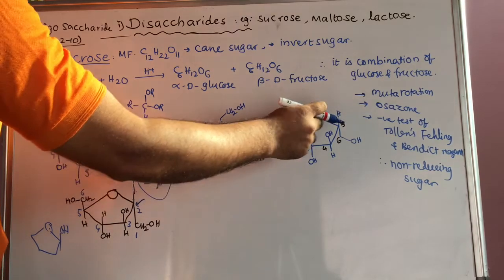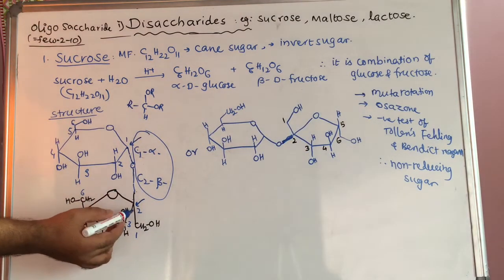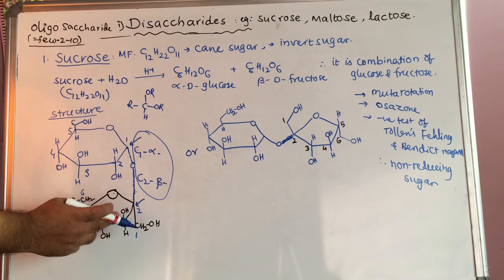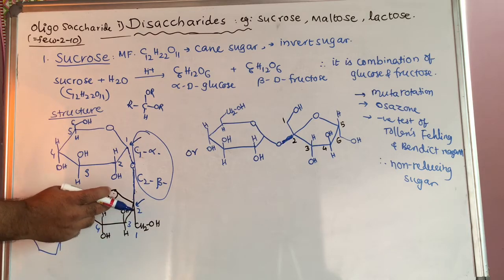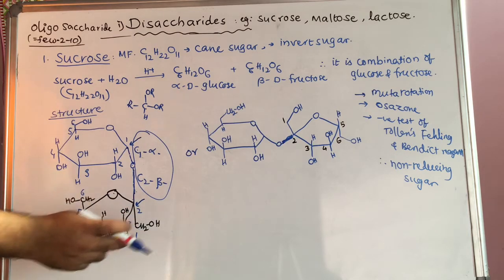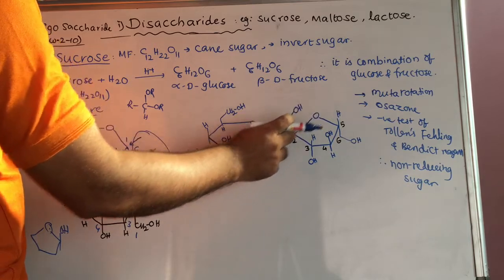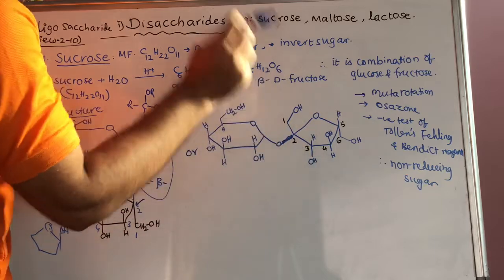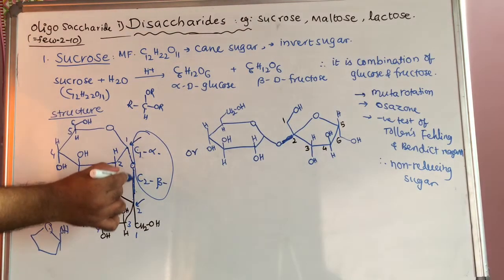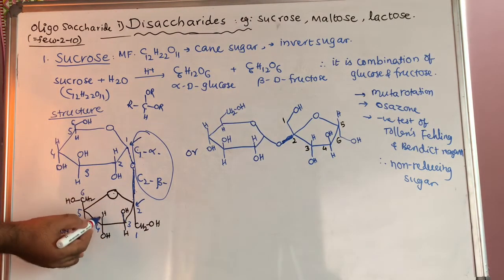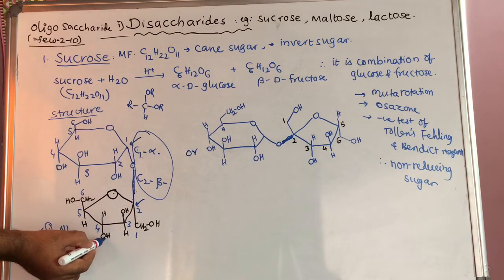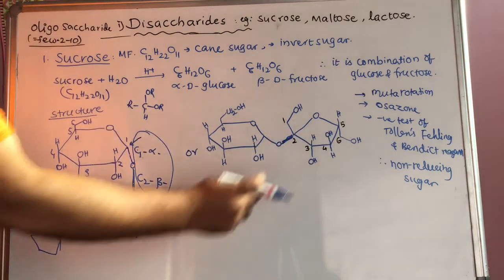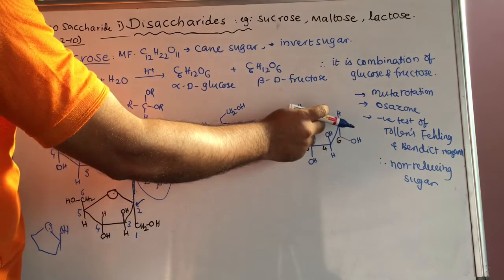If you consider the same side, see here the OH is on the same side as this cyclic oxygen. Then the third carbon OH is also on the same side as the cyclic oxygen, so it is down. The fourth carbon OH is down, so the same side means it should be opposite to this OH, which is why it is up.